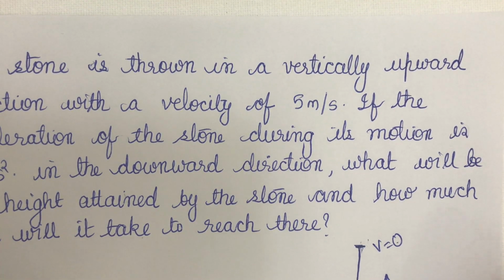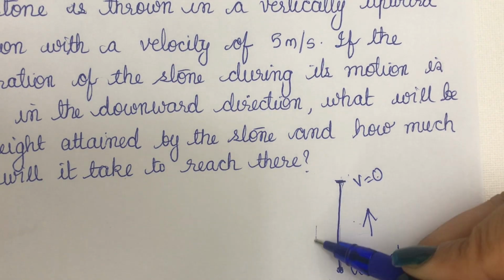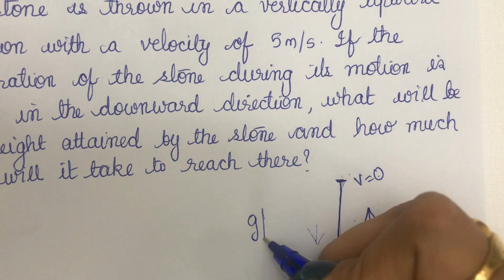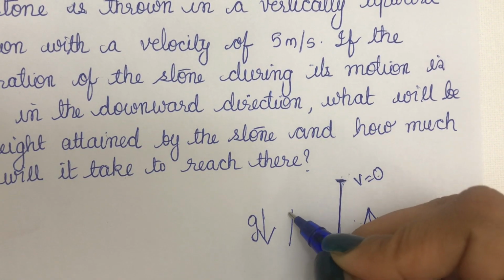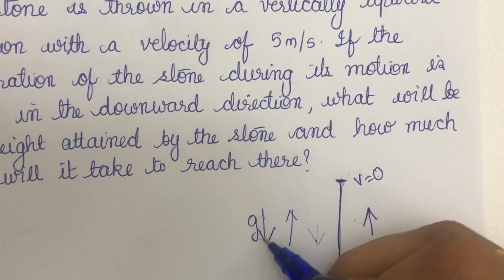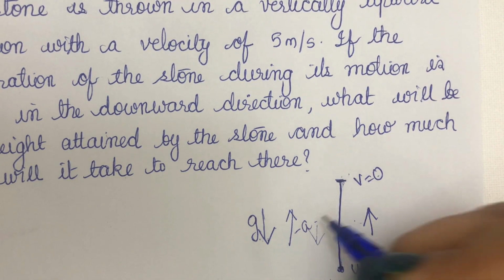But our body is moving upward, while gravitational acceleration is downward. So this acceleration is against the gravitational acceleration, so this will be negative.